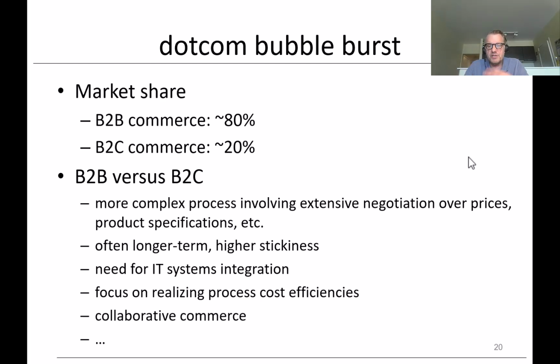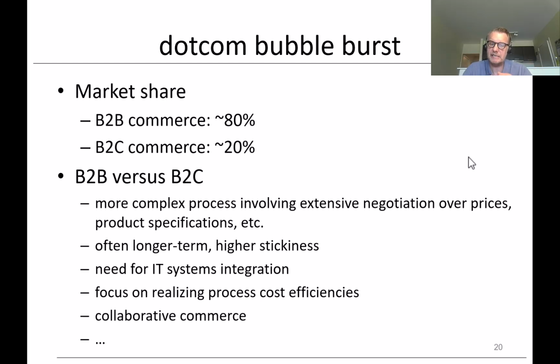So there's lots of negotiation about prices, about product specifications, about product deliveries, and so on. And in B2B, you will often see that these relations are longer term and that there's a higher stickiness.